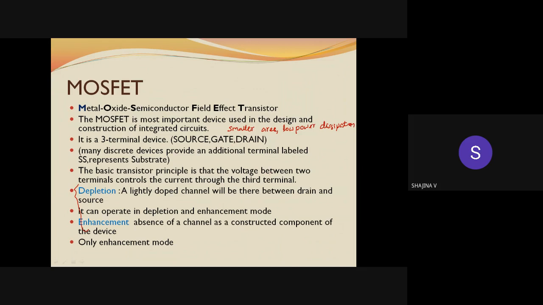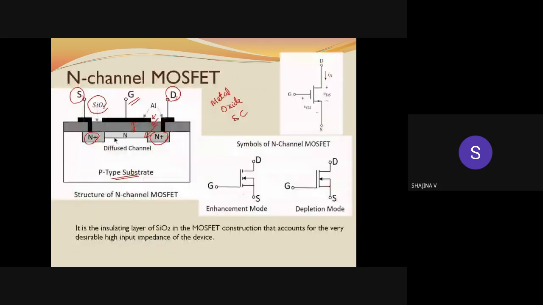Okay. So enhancement transistor will operate in enhancement mode only, whereas a depletion mode transistor can operate in both depletion and enhancement mode. That is, there will be a channel present. We can enhance the channel conductivity by controlling the gate voltage. Okay. So this is our N-channel MOSFET.